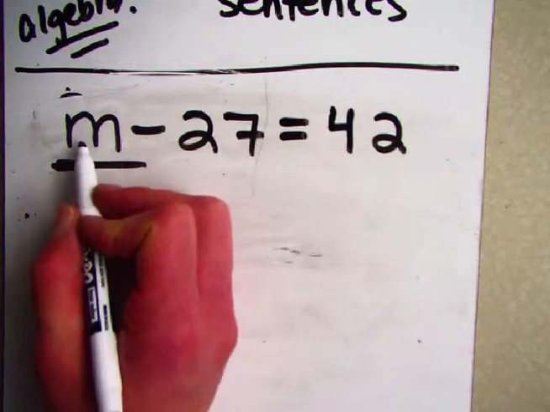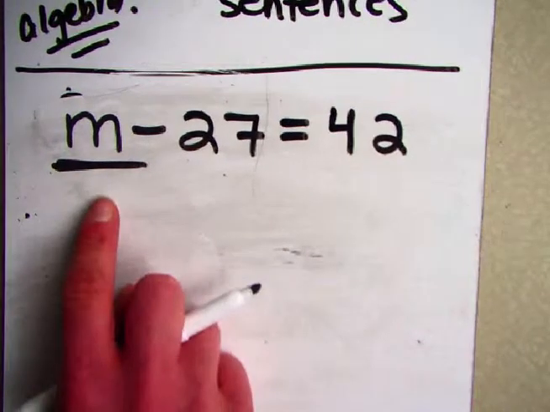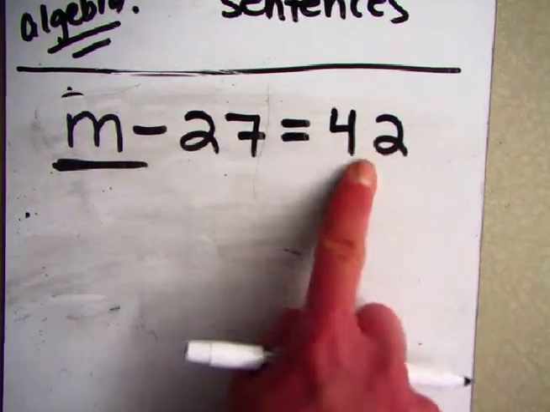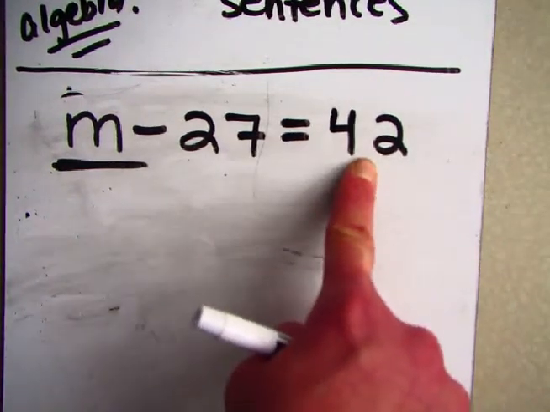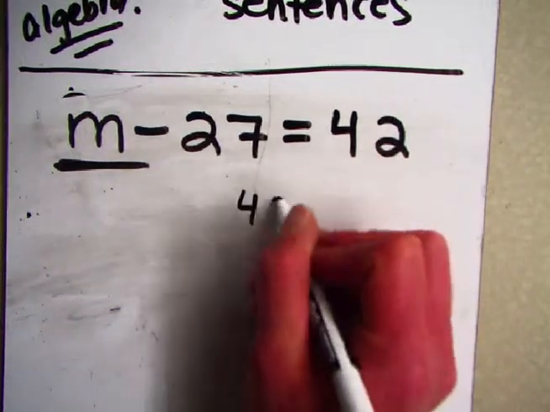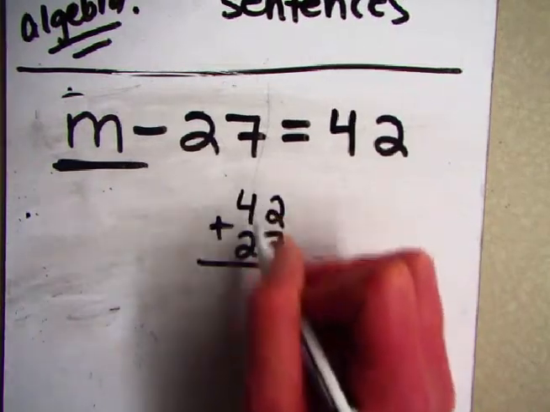So if I have my variable first, one of the things that I can do is ask myself, well, what number take away 27 will get me to 42? Or in this case, I can bring 27 over and add it on. So it's a little bit tricky when you run into other situations like this.